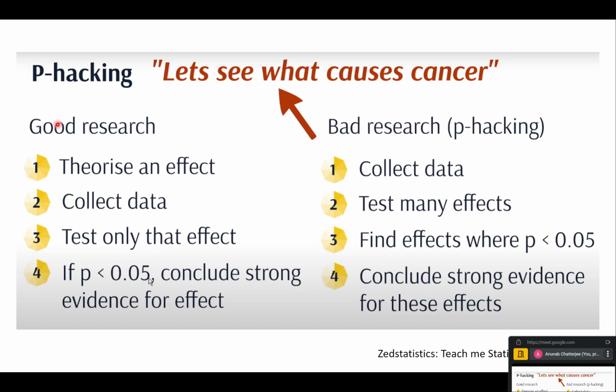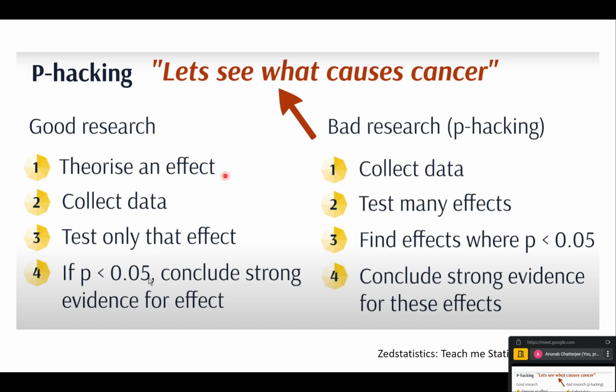A good example to figure out the difference: in good research, in a good lab with very nice people, you theorize an effect, say drug A is better than drug B in reducing a particular type of cancer or a particular thing that the cancer is doing, say proliferation. The cancer does not grow big enough is what you're trying to figure out.